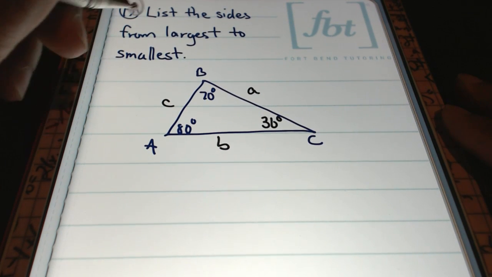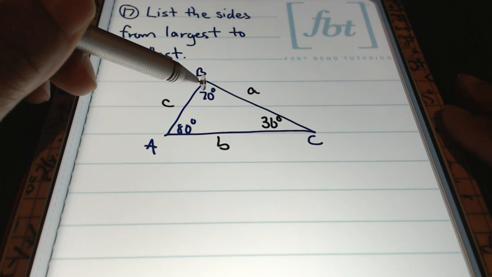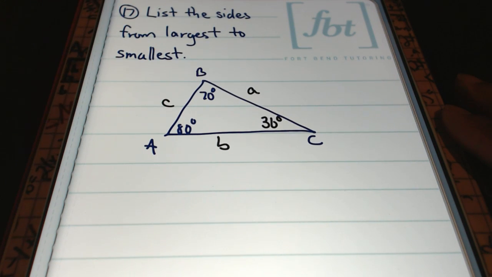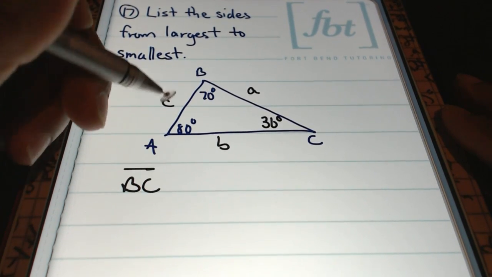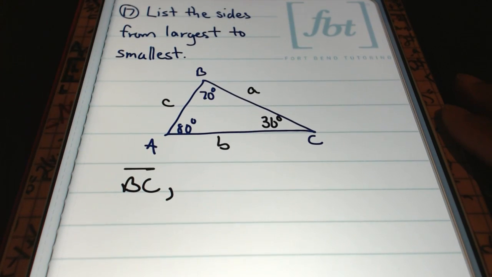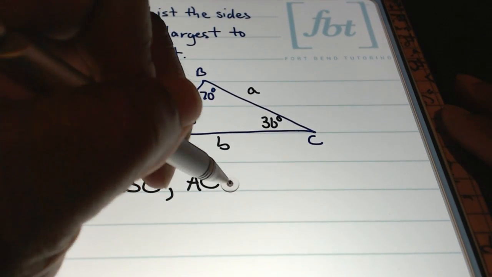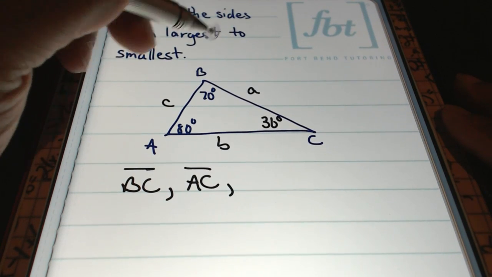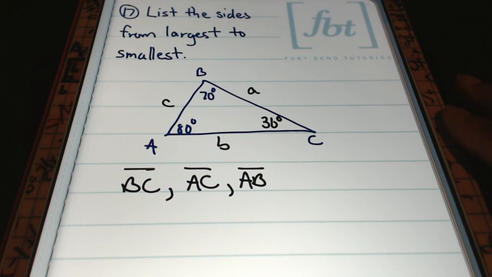So from largest to smallest, since we have 80, 70, and 30, we go with those side lengths. That means side BC is going to be smallest. The next in line is going to be side AC. And then finally, we will have side AB. We'll put that in alphabetical order.